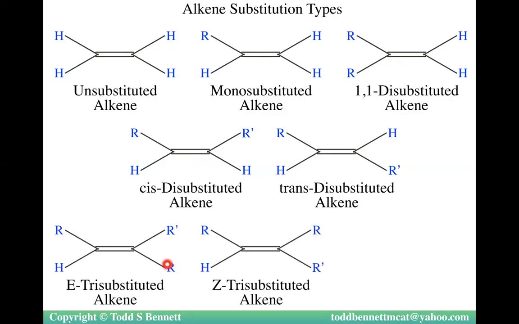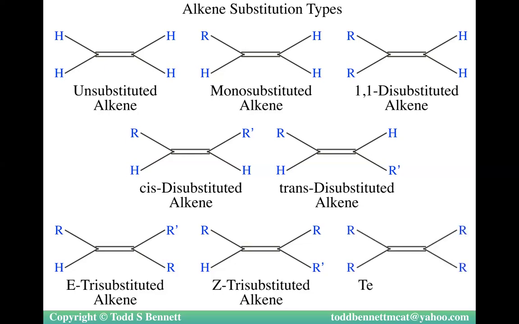The tri-substituted, and this may not seem like there's much of a difference, but if we have the R group being higher priority than H and R being higher priority than R prime, then the two bulky groups are trans, or the two bulky groups are cis. I actually have this one inverted, because trans ends up being more stable than cis.